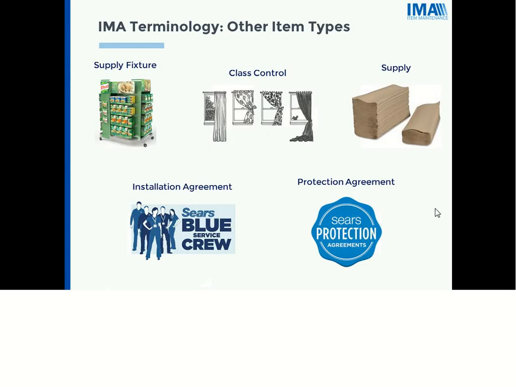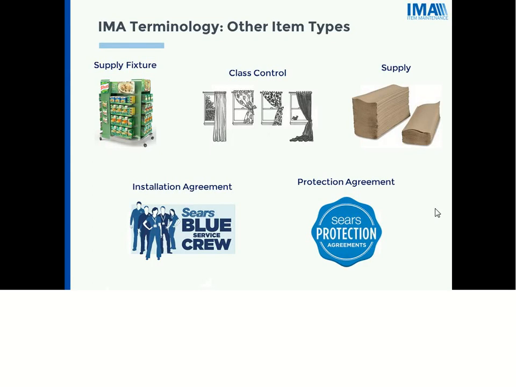So instead of creating a different item for every single possibility, they create it as a class control item. Also supply items, so paper towels, cleaning supplies, the bags that go at the registers, those are all supply items. And then finally, installation agreements and protection agreements.